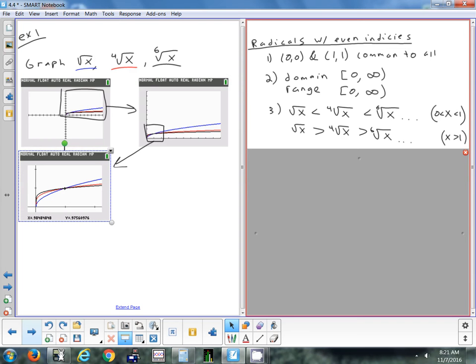So between 0 and 1, the bigger your index, the bigger the result. That switches when you get bigger than 1. For numbers bigger than 1, the bigger your index, the smaller your result. So a 10th root is going to be a lot smaller than a fourth root. So that's just summarizing the picture as an inequality.